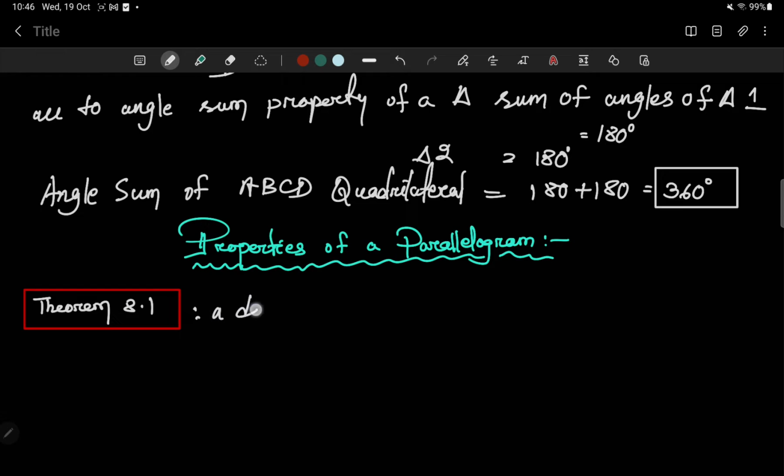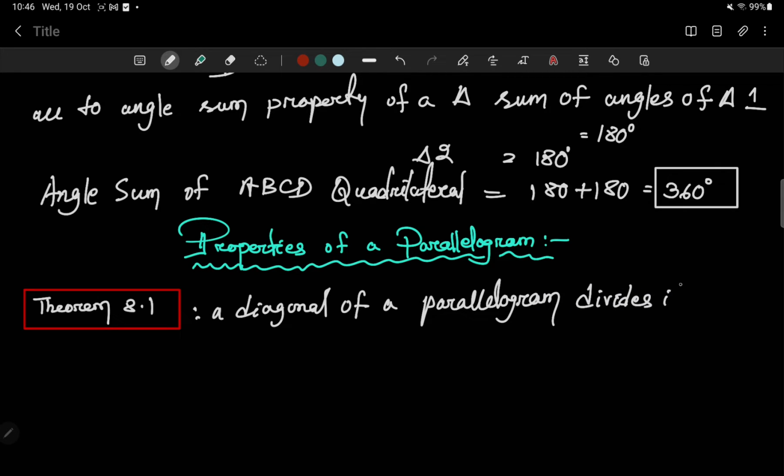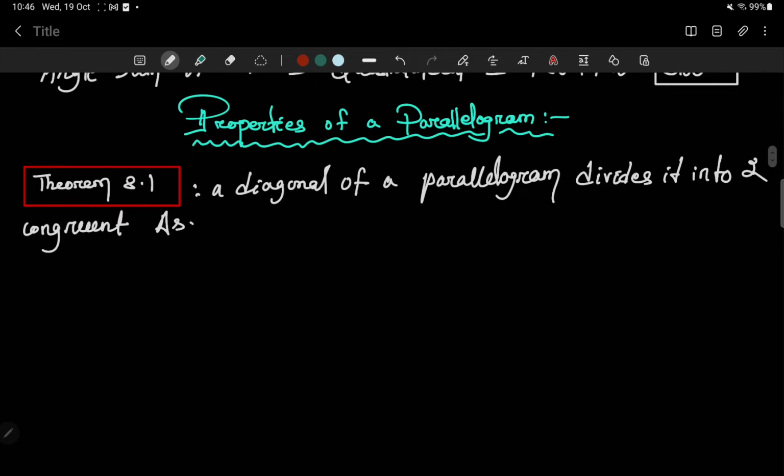A diagonal of a parallelogram divides it into two congruent triangles. So we will prove that. First let's make a parallelogram.